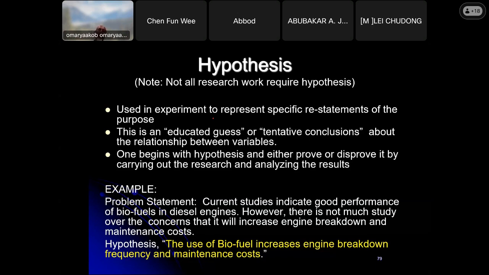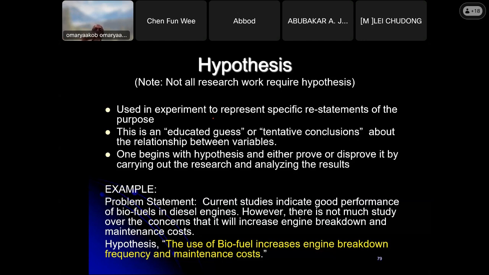Okay, so in this case, for example, for John's work on bread, yes, he requires a hypothesis because it's cause and effect: an increase in sugar increases the bread size. That's a cause and effect, a correlation. So because of that, you need to have a hypothesis. But other research may not require a specific hypothesis. You're looking at phenomena, how things work, and so on. There is no hypothesis involved.